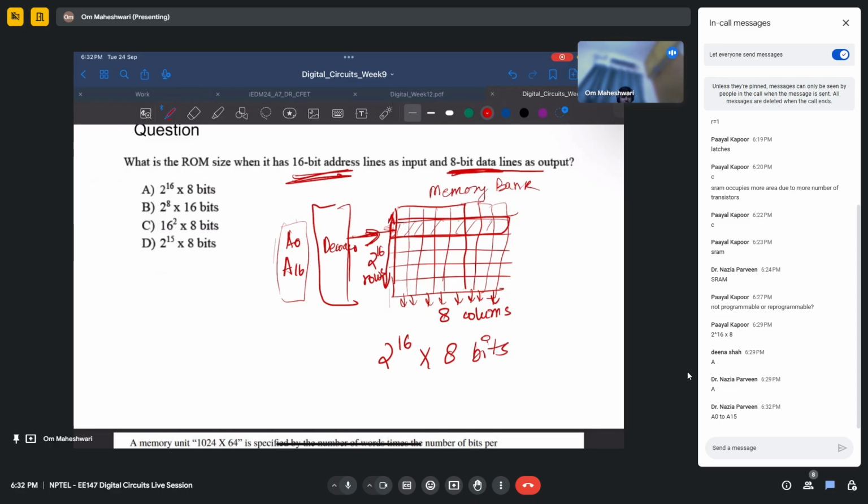Yes, sorry, A0 to A15. Okay, so can someone tell me what would be this memory size in KB, kilobytes?